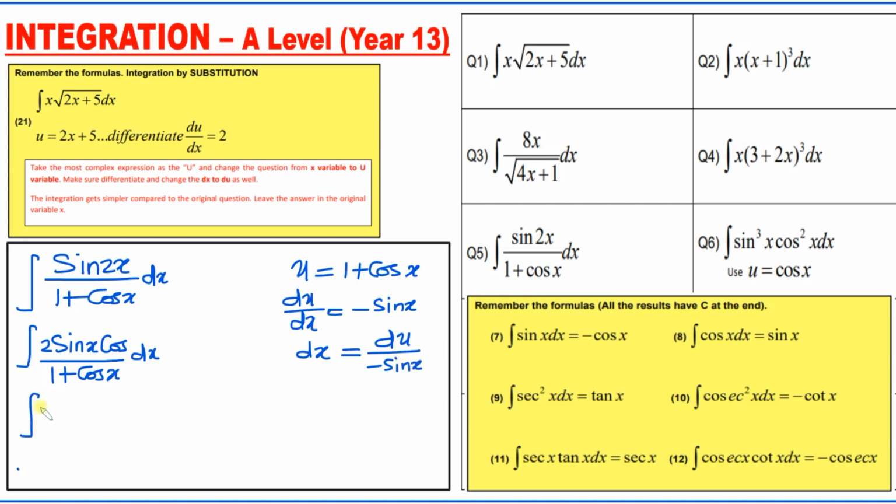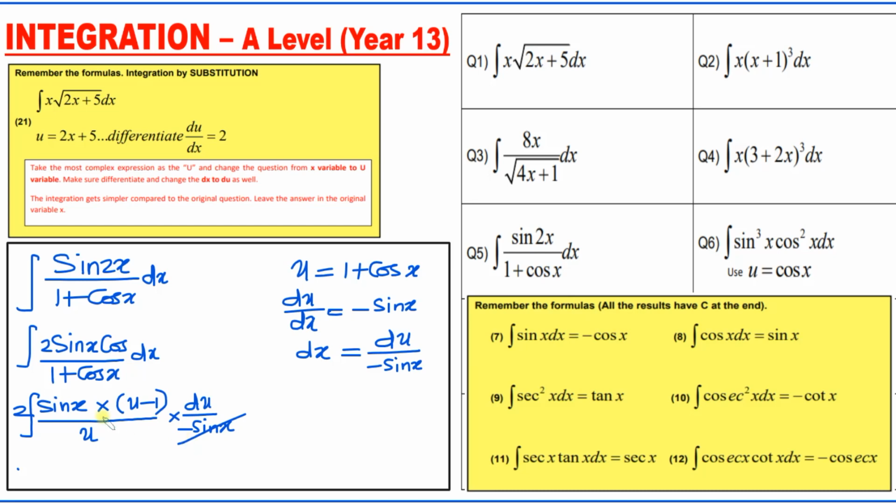Now I'm going to change a little bit. The 2 is outside the integral, and sine x times cos x, we can write cos x as u minus 1, over 1 plus cos x as u, times dx as du over minus sine x.